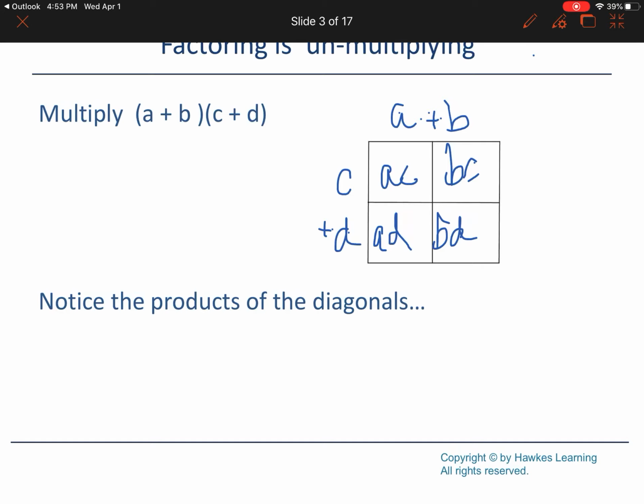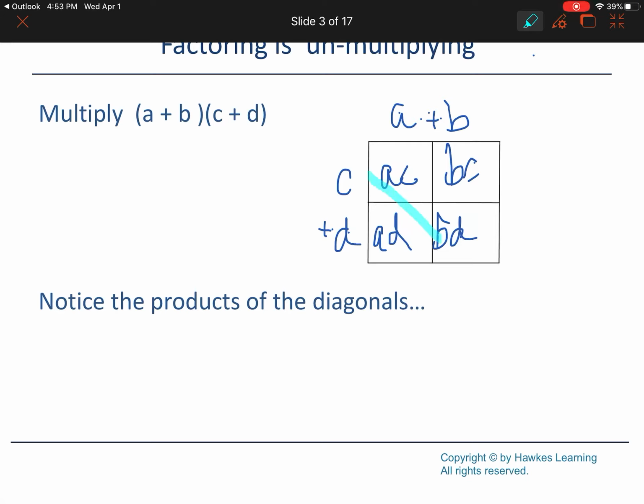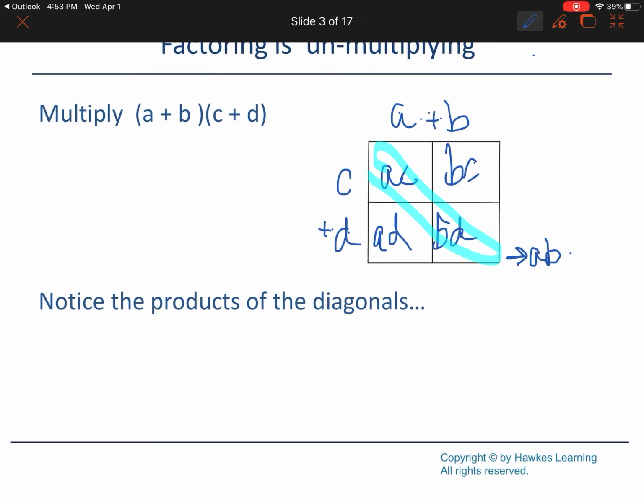If you notice, when we multiply on this diagonal, it will be A times C times B times D, and if we rearrange it, it's going to be A times B times C times D.